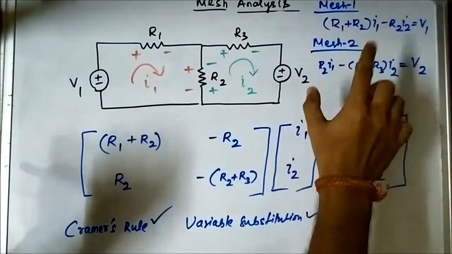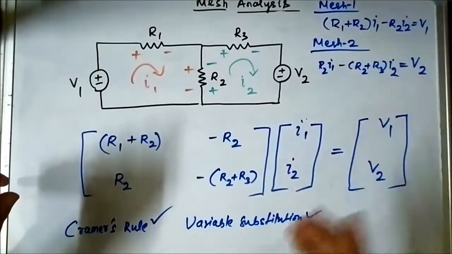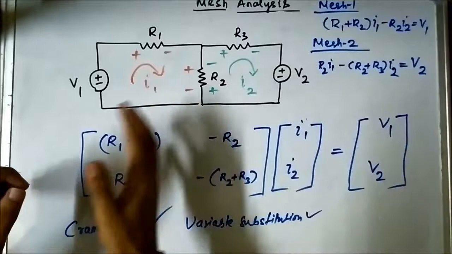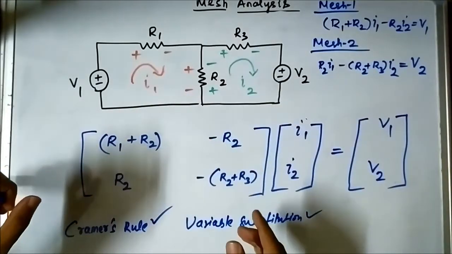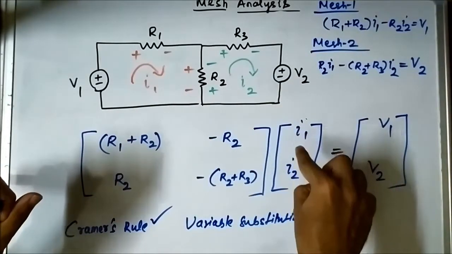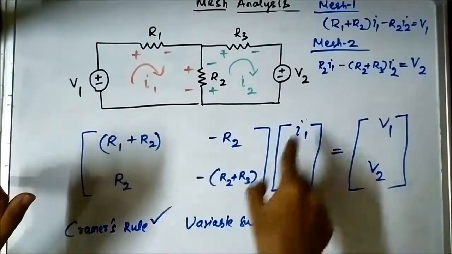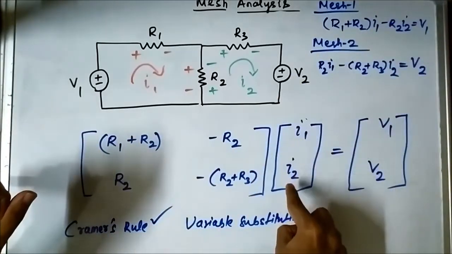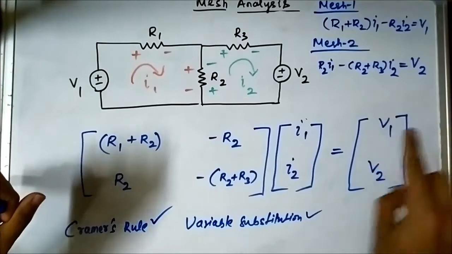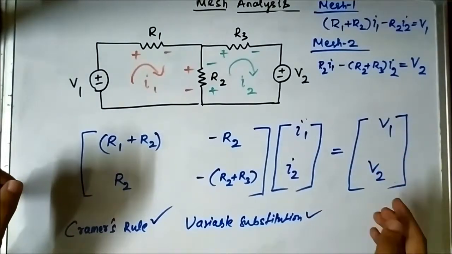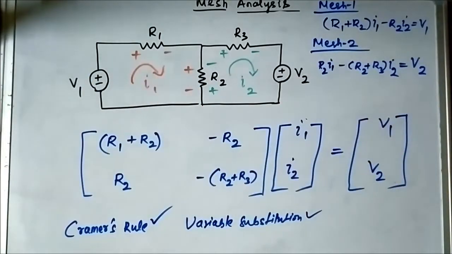We wrote down the mesh equations using KVL, Kirchhoff's voltage law, and then arranged them in terms of the mesh currents I1 and I2, the coefficients of I1 and I2, and on the right hand side, the 2 voltage sources. Next we will discuss various numerical problems related to mesh analysis.